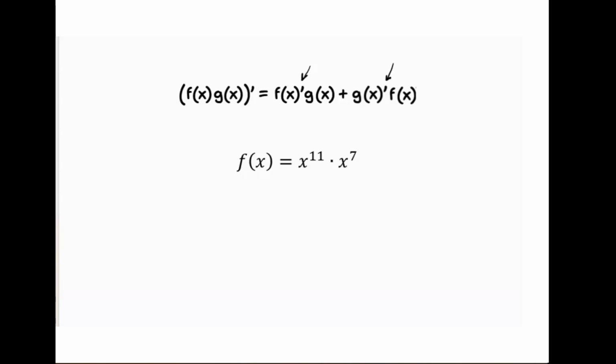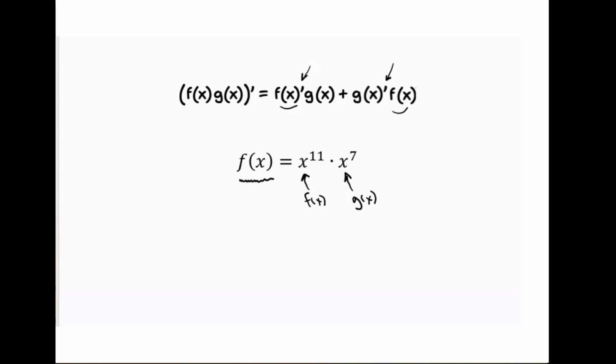There's plenty of different ways to write this in different calculus books. So I've seen it written in many different ways. All right, so let's look at that first example. Let's do it with the product rule and see if we get the correct answer. One thing to remember is that this f of x is not the f you're using within the formula. That's just a labeling on the outside. We're going to assign parts. So we would have f of x is x to the 11th, and g of x is x to the 7th.